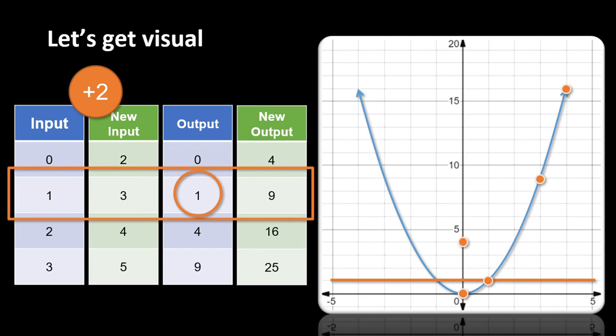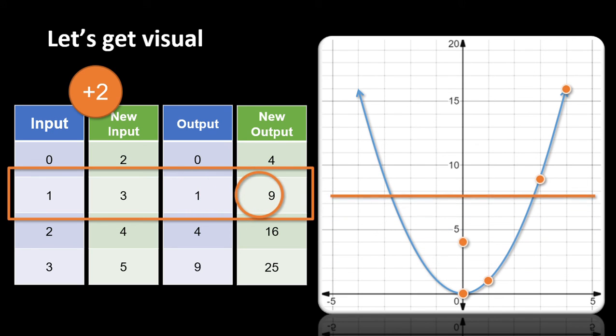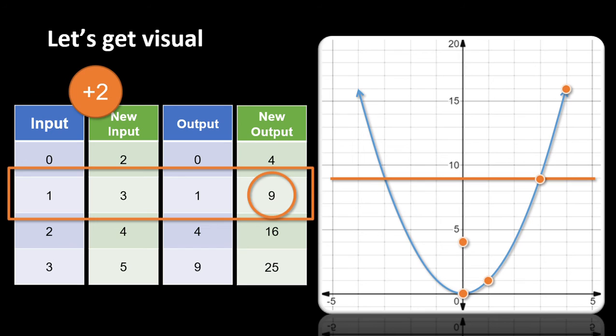The original output, when the input was 1, was 1. The new output that I'm actually getting is 9. Let's go fishing for that new output. There's that new output. What's the x value for that output? Right now I'm getting 9, but normally I get 9 when the input is actually 3.